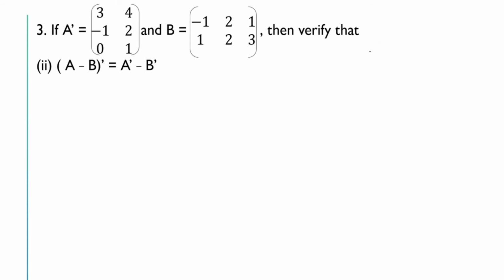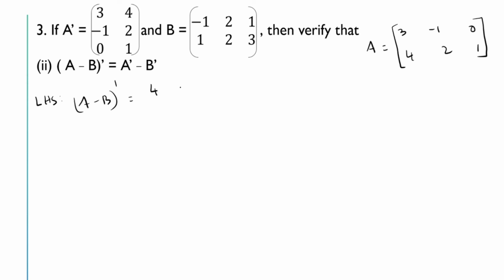So we are given A transpose, then A will be equal to, so the left hand side is A minus B the whole transpose. So it is equal to 3 minus of minus 1 plus 1, 3 plus 4, 3 plus 1 is 4, minus 1 minus 2 is minus 3, 0 minus 1 is minus 1.